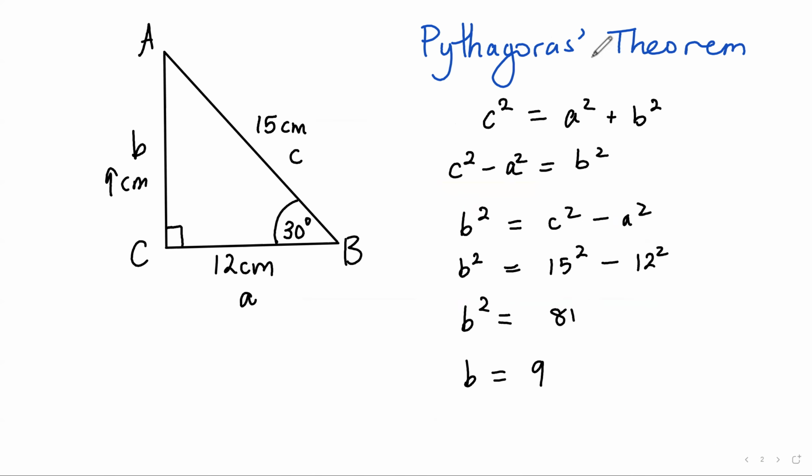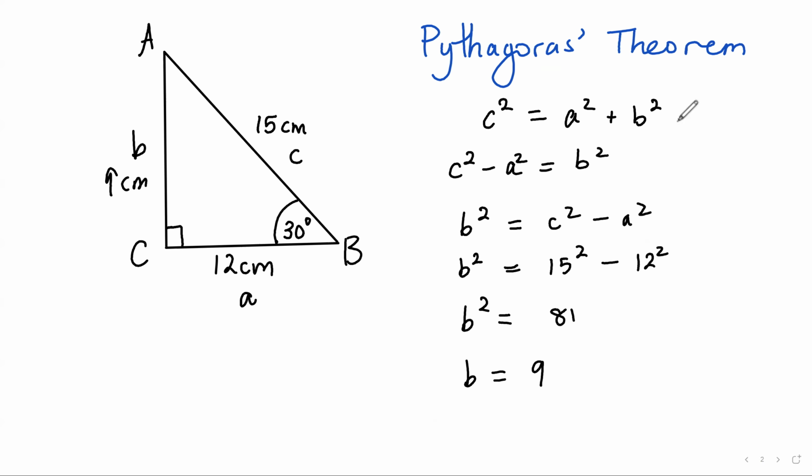You can also use Pythagoras' theorem to find an unknown side in a right angle triangle. Pythagoras' theorem tells us that the square of the hypotenuse is equal to the sum of the squares of the other two sides. So if you had to find the hypotenuse, you simply add the squares of the other two sides and then take the square root of it. If you had to find another side in the right angle triangle, you would rearrange the formula to make that side the subject.